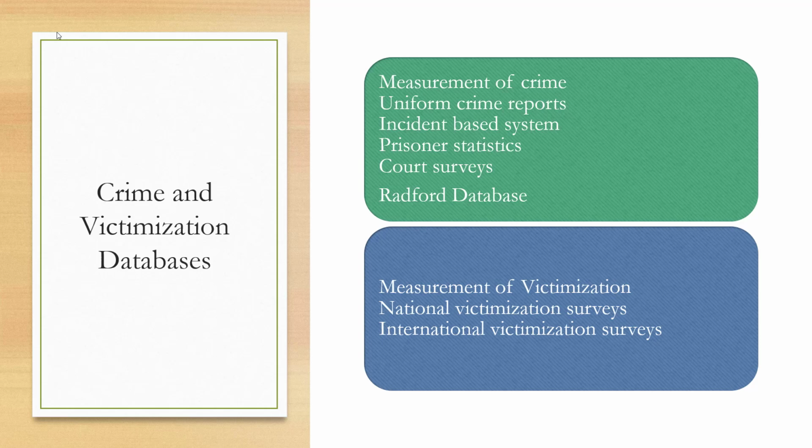But then, these are predominantly databases that focus really on the measurement of crime. And if we can look at the measurement of crime, we can typically make some inferences about victimhood. But there are also some national victimization surveys, right? So these are surveys that are sent out to people on a regular basis that try to find out how much victimization people experience.